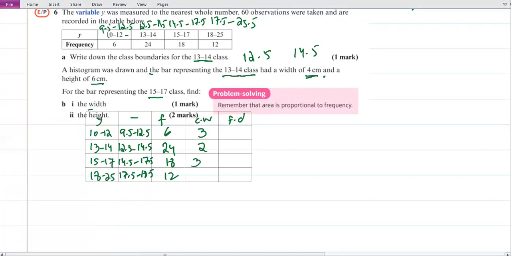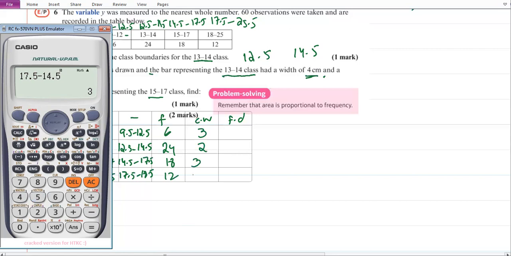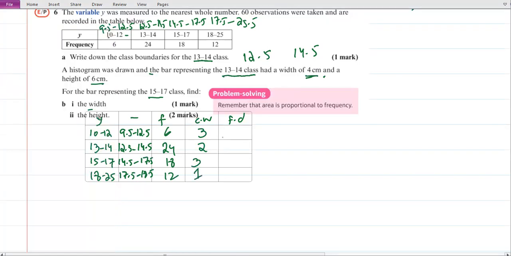For this one, 25.5 minus 17.5, it is 8. Now frequency density. This is the actual, frequency density represents height. And class width represents the width. If you take a bar, the height is represented by frequency density and the width by the class width.